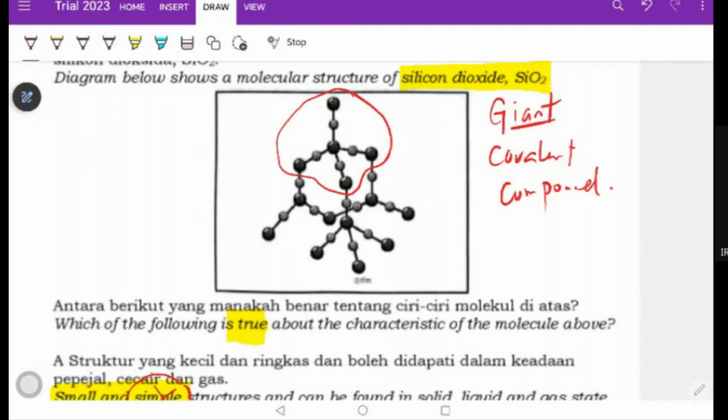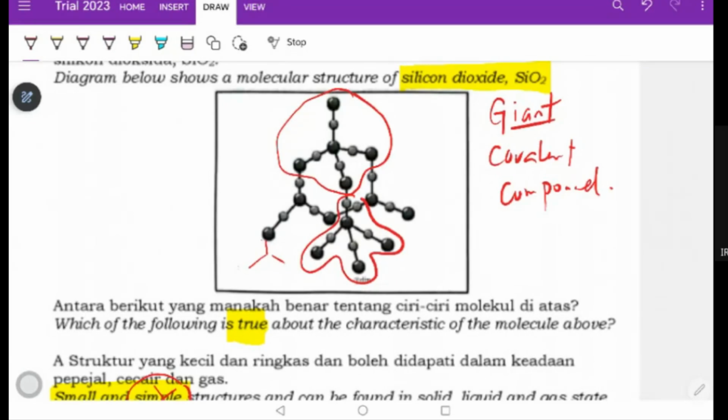But if they combine with others, it will form a giant one, like silicon dioxide, like diamond. If you extend it, it becomes like this, a lot of carbon compounds and so on.